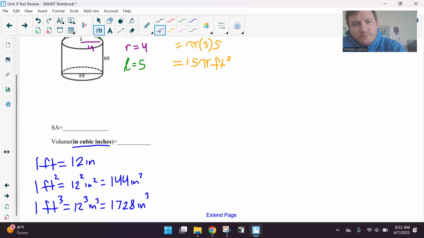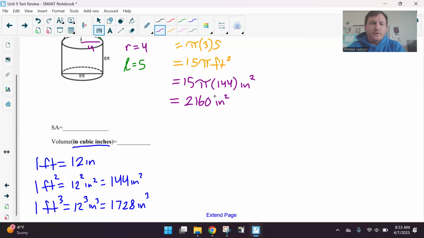So this is going to be equal to 15 pi times 144 square inches, or in other words, you could say 2160 square inches. So that's how that one works.